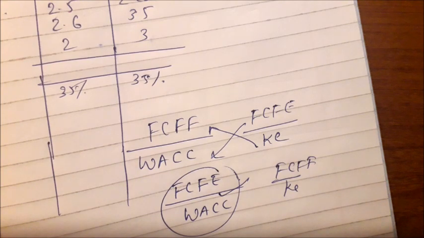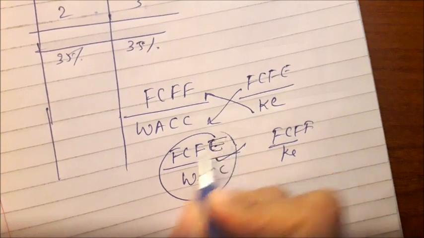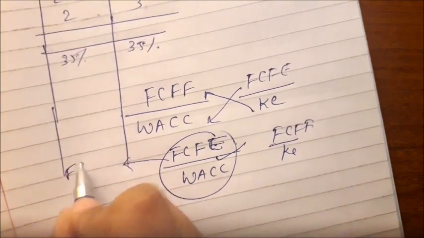Right now they have given that equity is 208.66, but this is not going to be the real picture. There is going to be a big change in the capital structure, and when such a change is going to happen, we consider the free cash flow to equity as deemed to be the free cash flow to the firm.